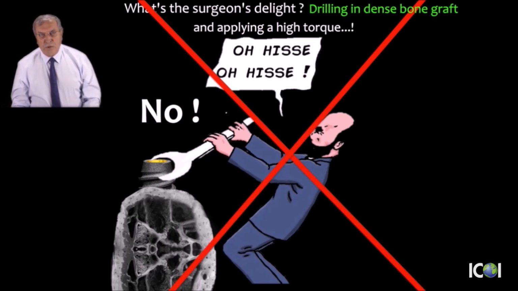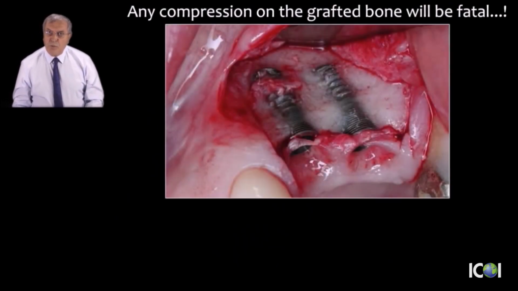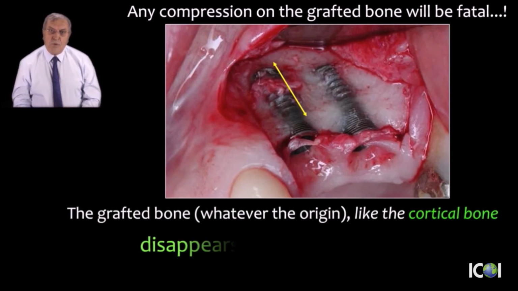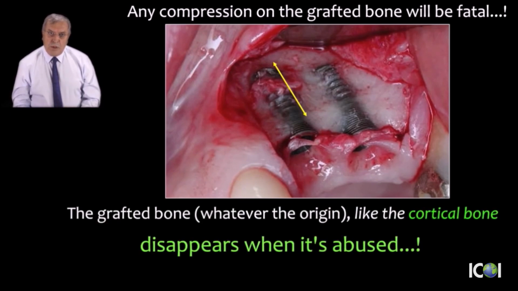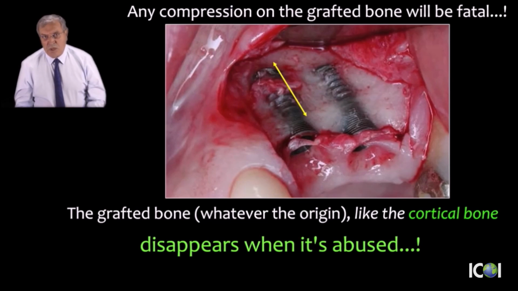You are not allowed to apply a high torque on a dense graft because it will be fatal for the graft. And you understand why the bone graft resorbs. The grafted bone, whatever the origin, is behaving as a cortical bone, and it will disappear when you abuse it.